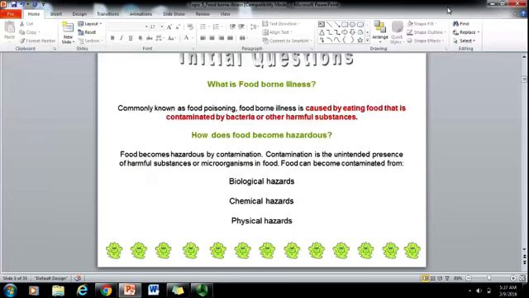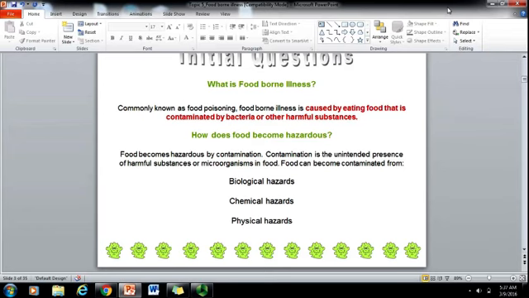Okay, before that, right? You might be wondering about the definition of foodborne illness. Okay, if you still remember the first lecture on the introduction of foodborne illness, I mentioned the words foodborne illness and foodborne intoxication.